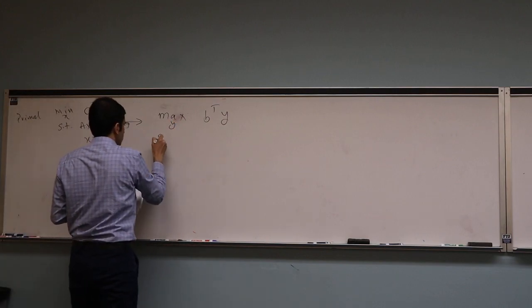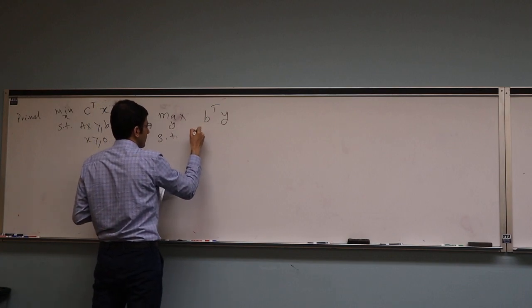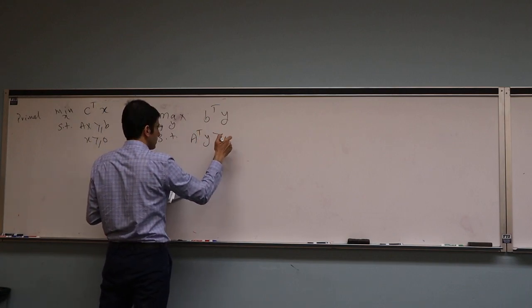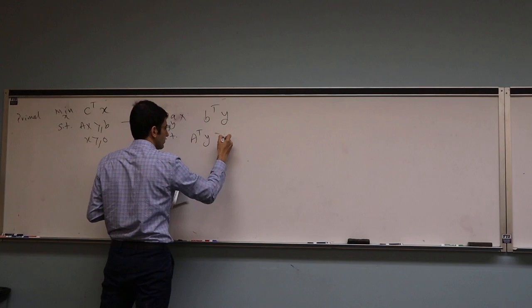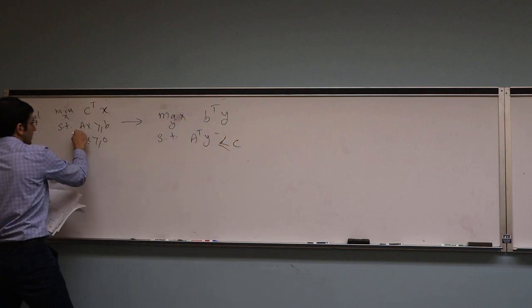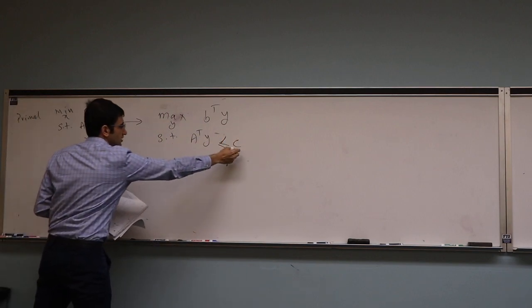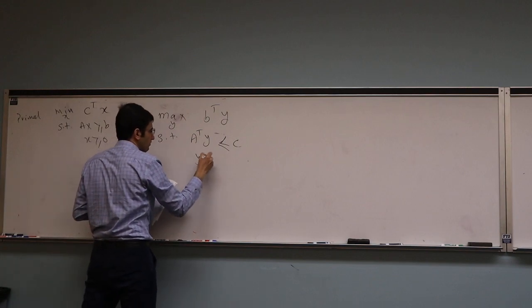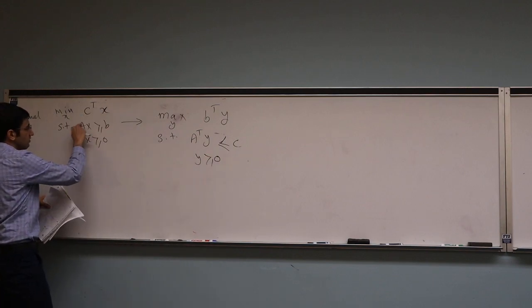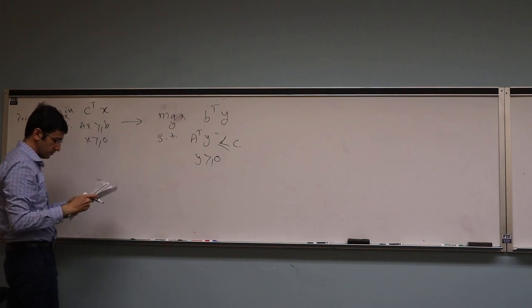Subject to A transpose Y less than or equal to C. A transpose, C transpose transpose, which is C. And all of Y's are positive because we have an inequality constraint here.